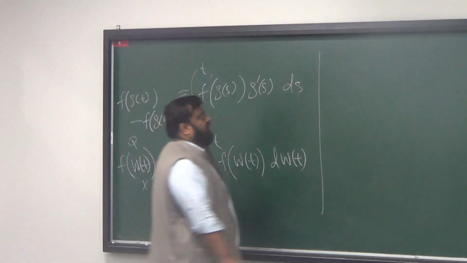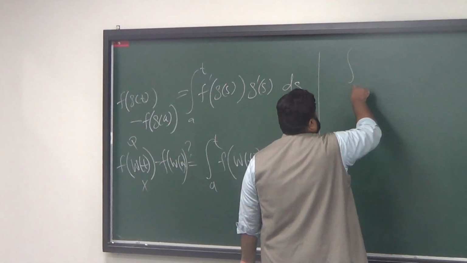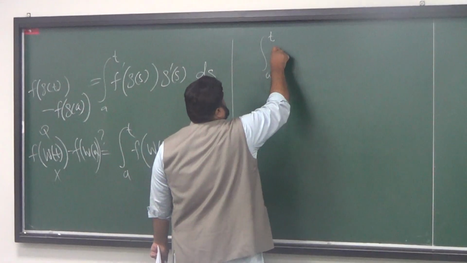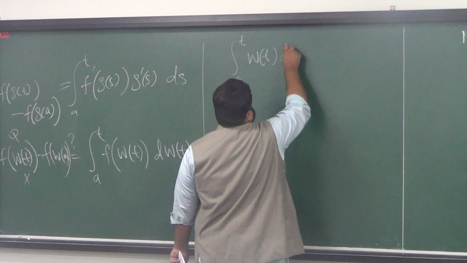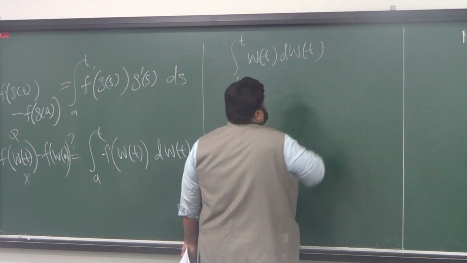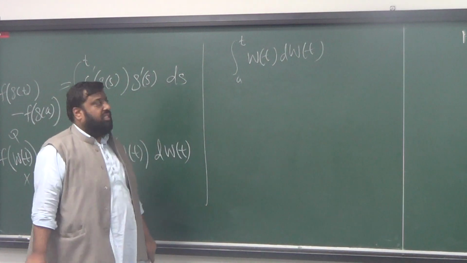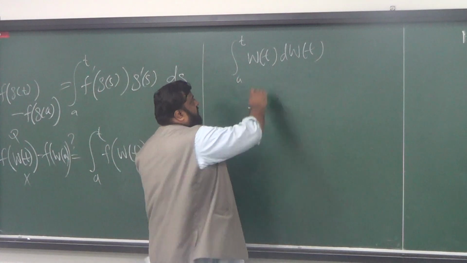Why? You can take, for example, the integral of Brownian motion with respect to the Brownian motion. Then what is this integral?